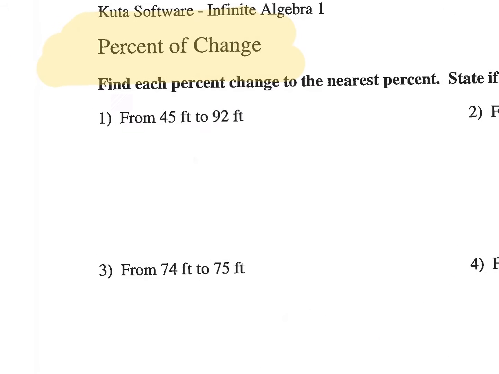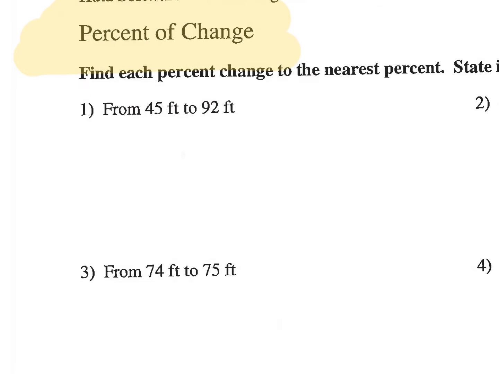Let's look at the first one, from 45 feet to 92 feet. Right away, I know that it is an increase because it's going from 45 to 92. I'm going to take the difference, which means that we subtract. Whichever number is larger, I'm going to take that and subtract the smaller one.